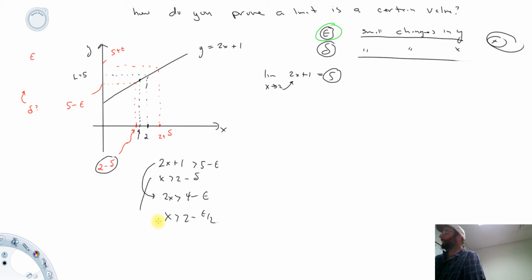Okay, now what we're going to do is compare this right here. And we're going to say 2 minus delta greater than 2 minus epsilon over 2. Subtracting 2, we get minus delta greater than minus epsilon over 2.